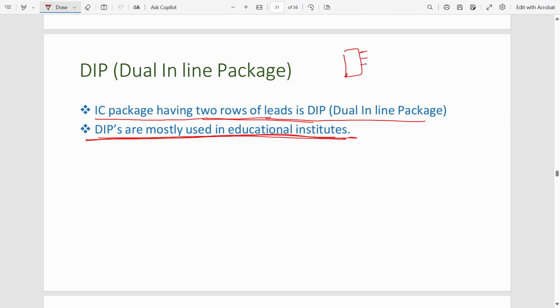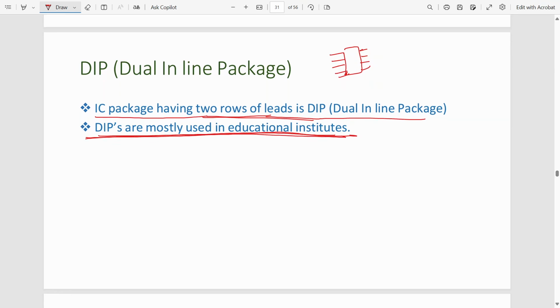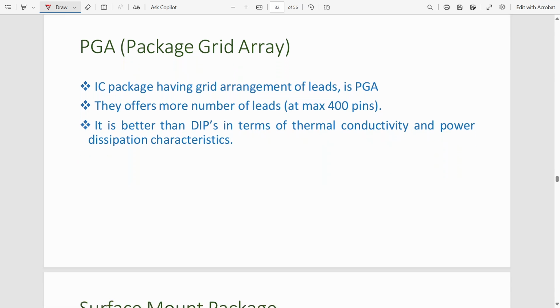Next, pin grid array means there is a grid arrangement. Suppose you take a processor: below the processor, the leads are arranged in a grid like this.